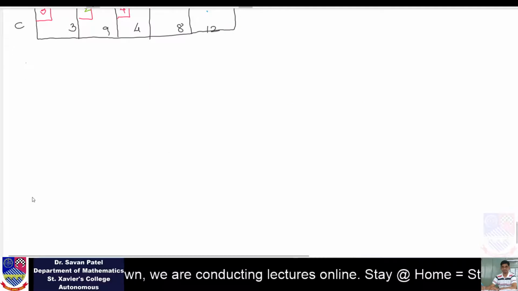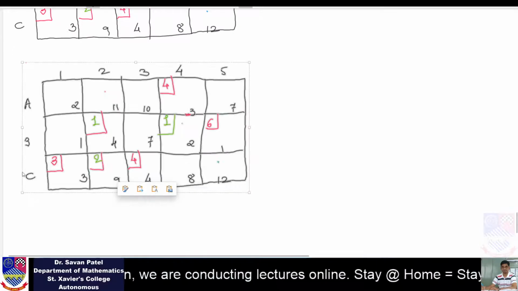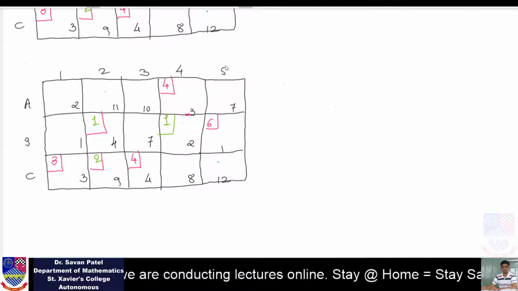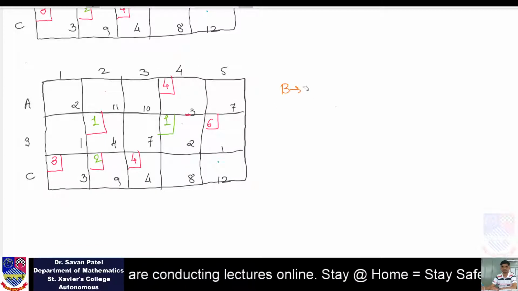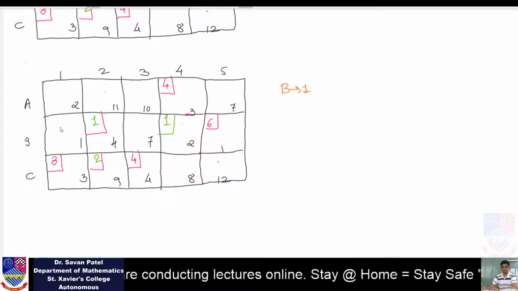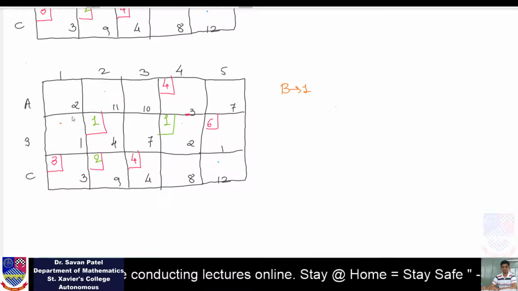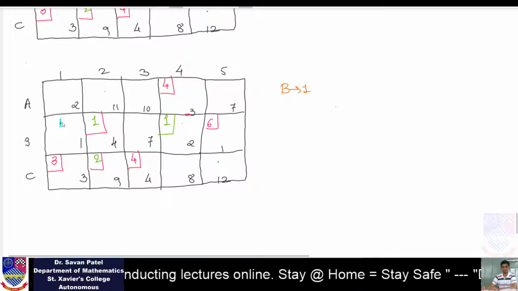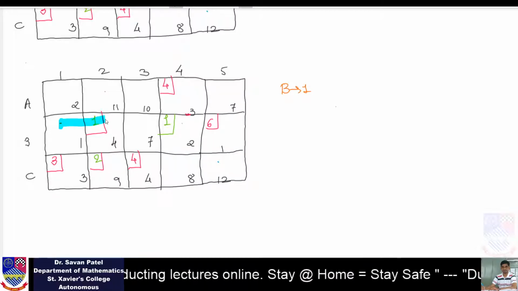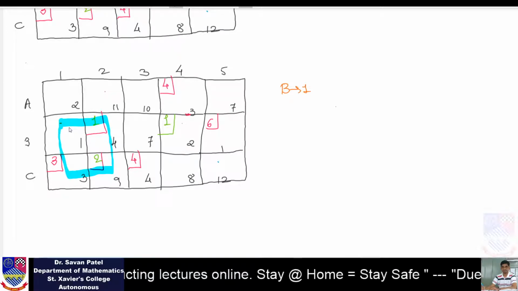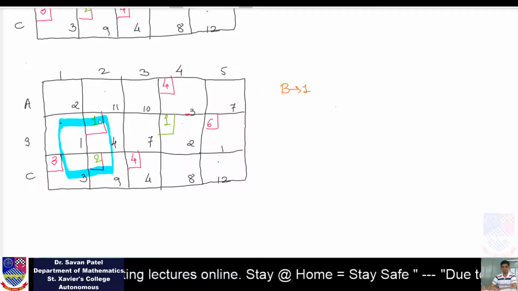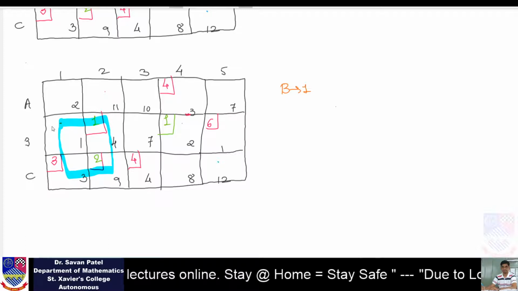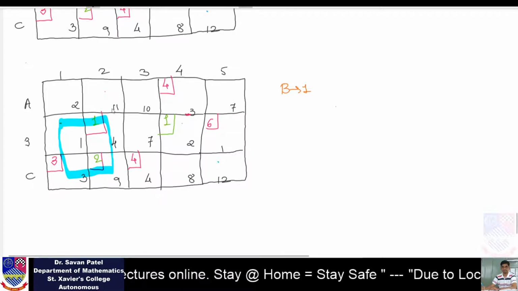Let us transport from B to 1. So B to 1. If again we have to make a loop first of all. So from here we are starting. So here is the loop. From this non-allocated cell, I am going to the allocated cells and in whichever allocated cell I am going, I am changing the direction.